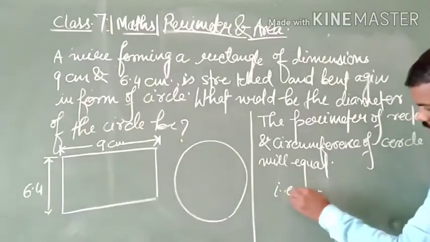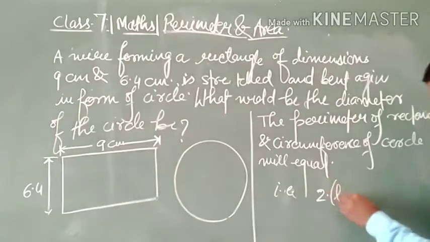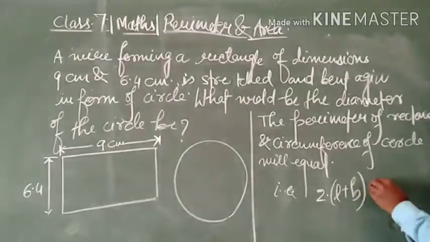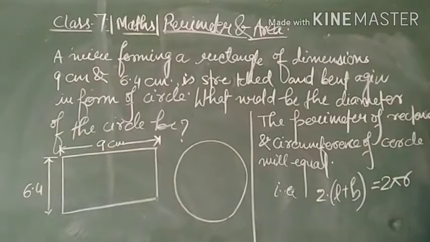That is, 2 into (L plus B) is equal to 2 pi r.